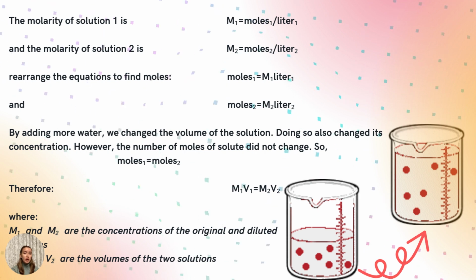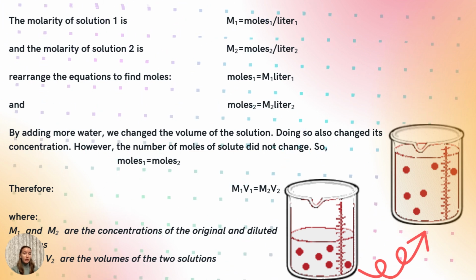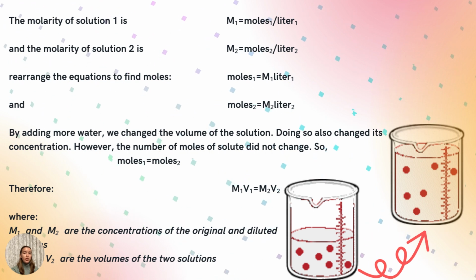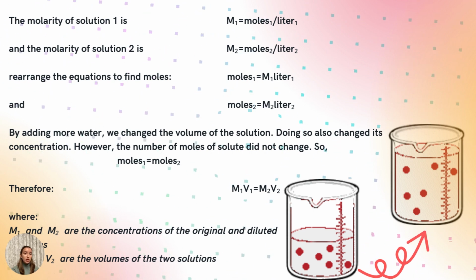Now, if we add more water, we do change liters, so the volume, but we also change the concentration, because concentration includes the value of volume in calculations. But we do not change the number of the moles, so moles 1 has to be equal to moles 2.